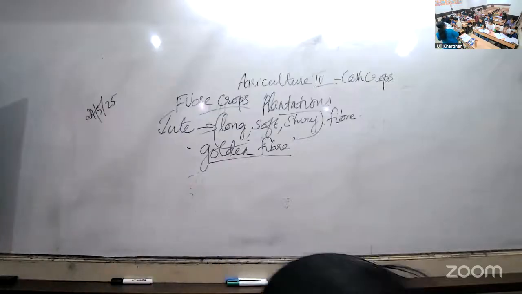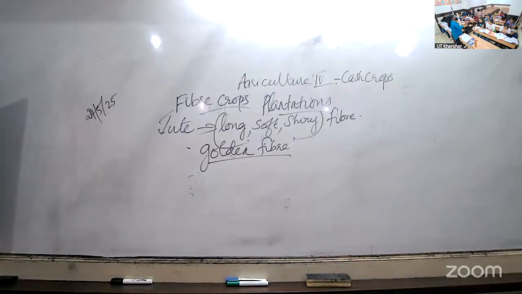See, there are so many varieties of jute. One type of jute is white jute. Nowadays, packaging materials are there. When you go to the shop, the shopkeeper gives a white color bag when you purchase cloth or anything.